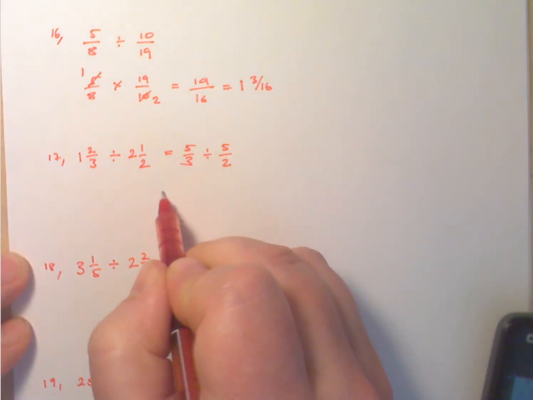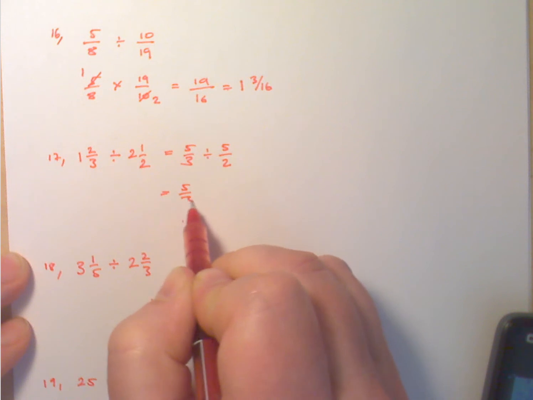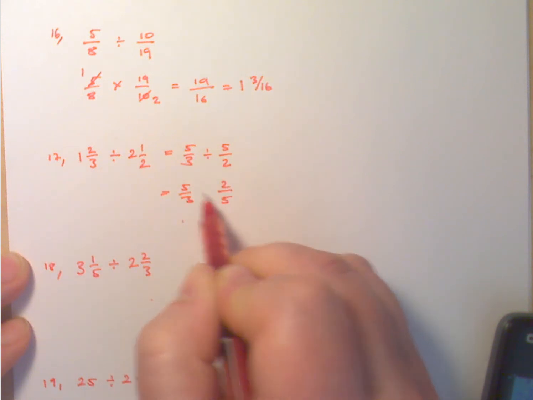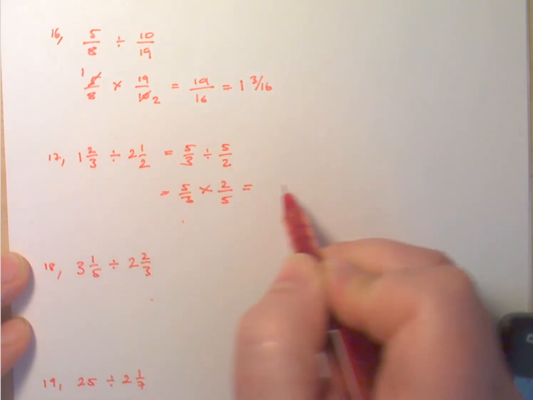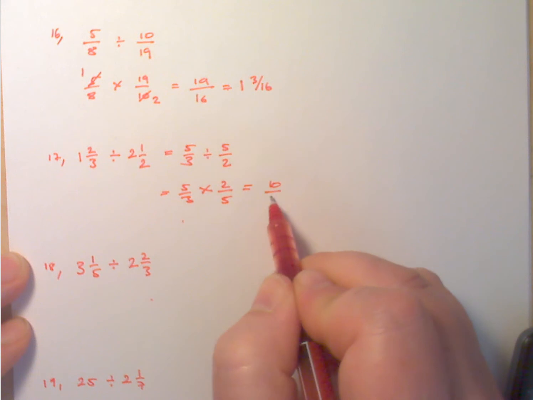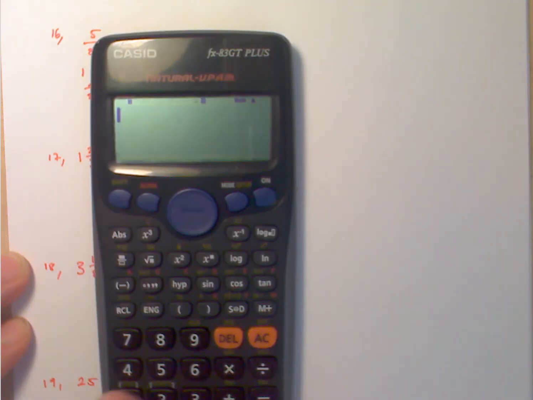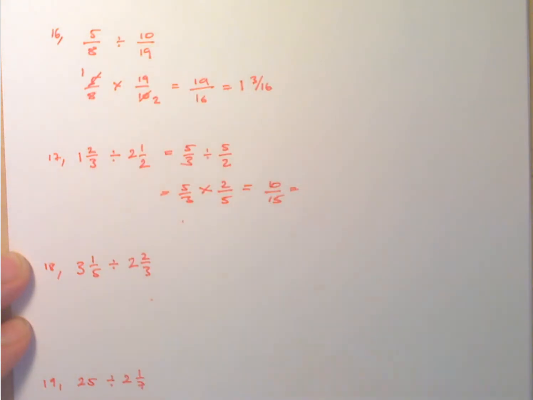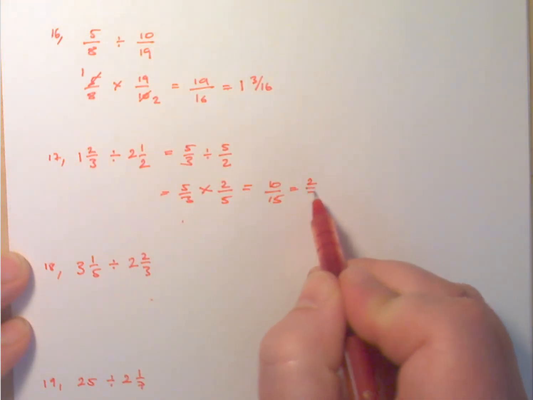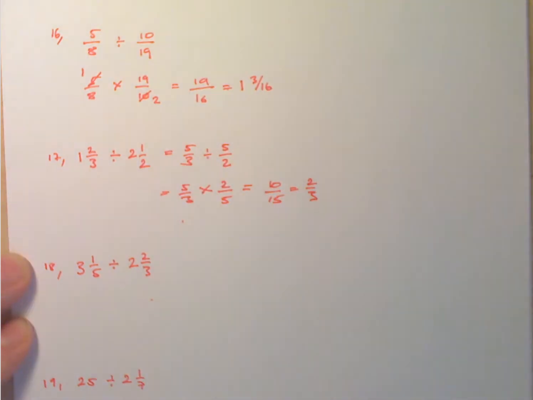And then I'm going to stick, flip, and multiply, which gives me 10 over 15, which I can cancel down using my calculator, giving me 2/3.